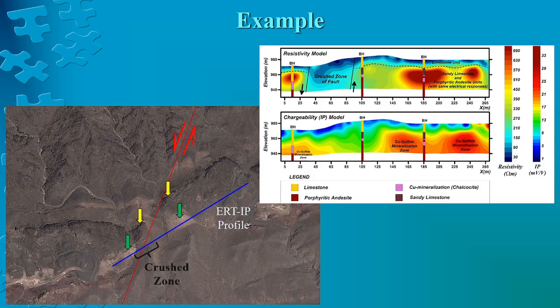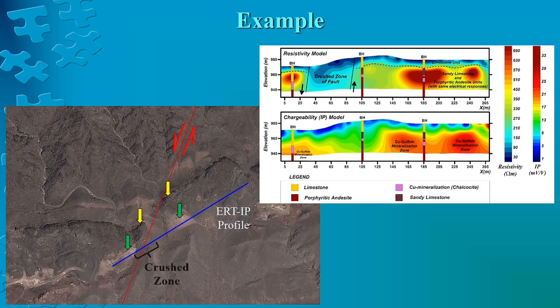Another point that I want to discuss here, and I think I have written in the next slide, is that sometimes you need to simplify in order to ease your interpretation. Because, for example, in this case, the sandy limestone and porphyritic andesite units have the same electrical responses in terms of resistivity, so you cannot differentiate between these two.